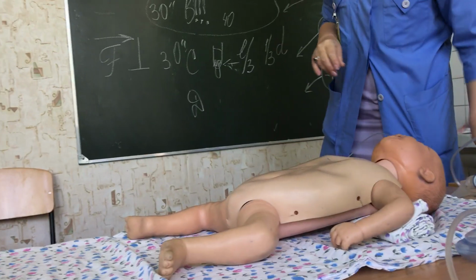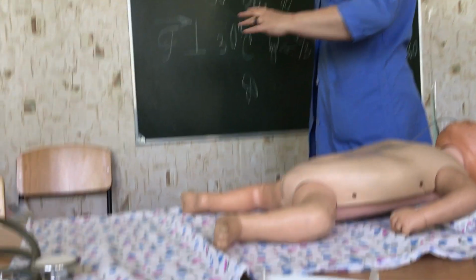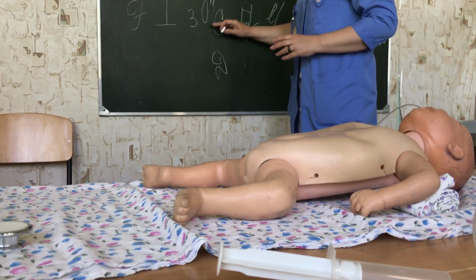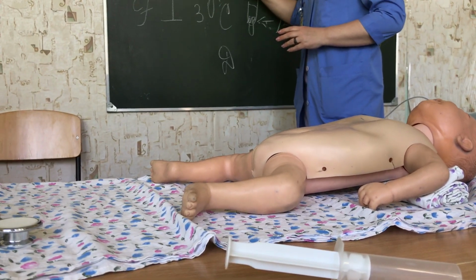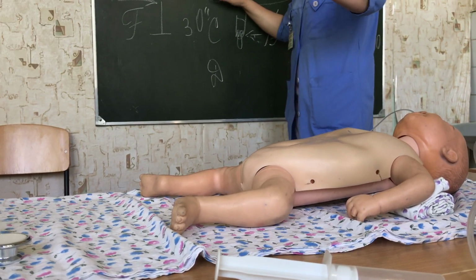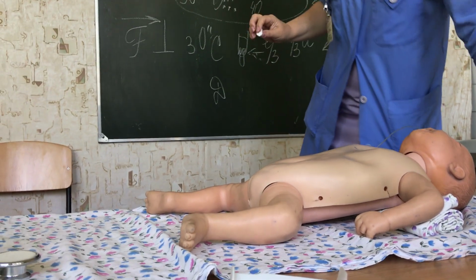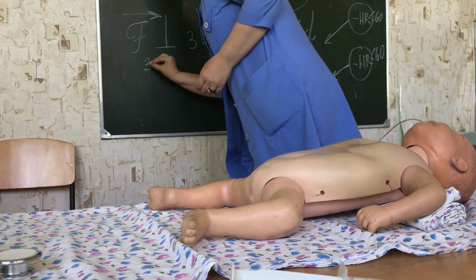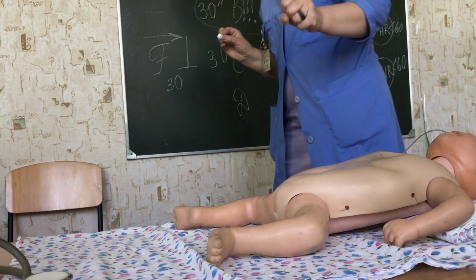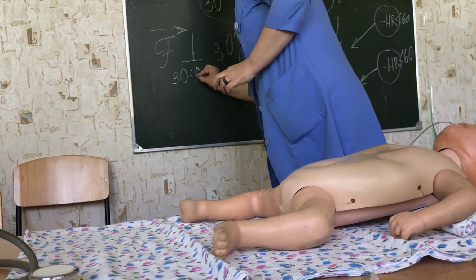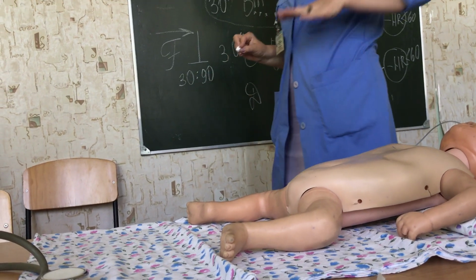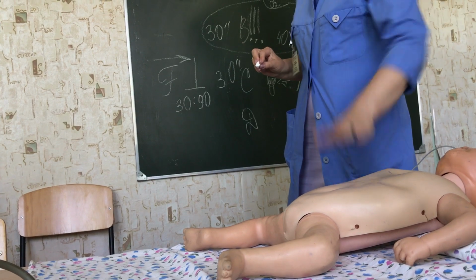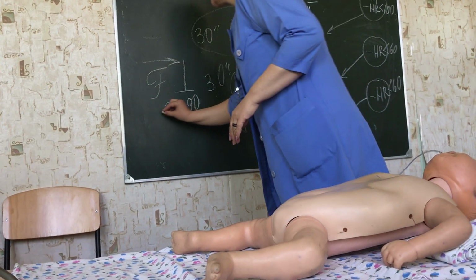And speed between pressure on the chest and compress of resuscitation bag. This is 30 compressions of resuscitation bag to 90 presses on the chest per minute.